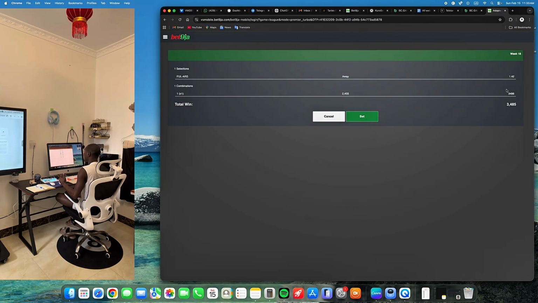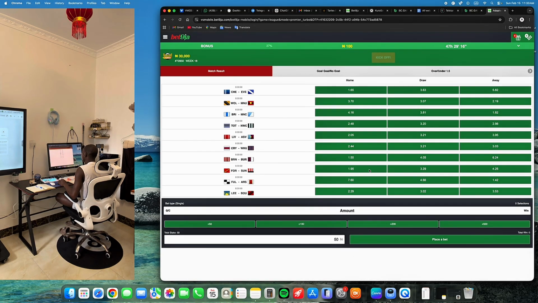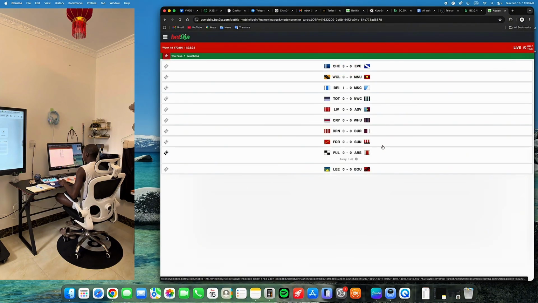So if we make a win now, we'll get a return of 3,485. Not really a profit, but we are still trying to recover because we had 36,000 naira in the account. Okay.